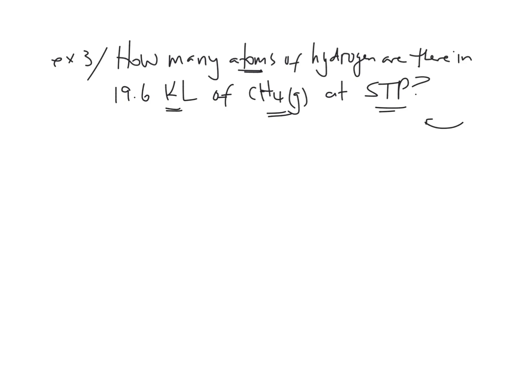All right, as we do when we're trying to stack up conversion factors to solve for these, we want to begin with the end in mind. We want to begin with our target in mind. So we need to get to how many hydrogen atoms in the end. Hydrogen atoms. Okay, well, let's look at one really important thing about what an atom is.